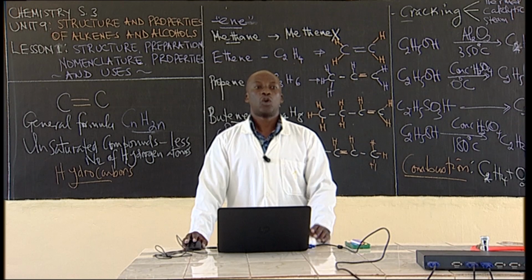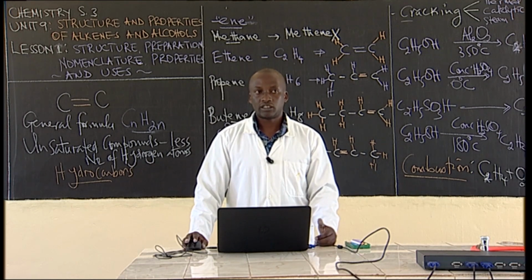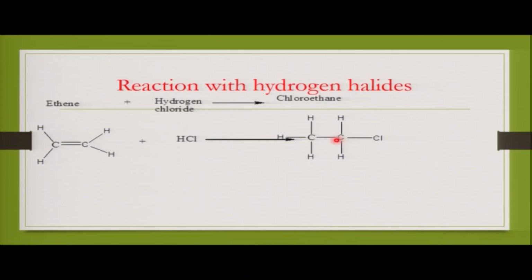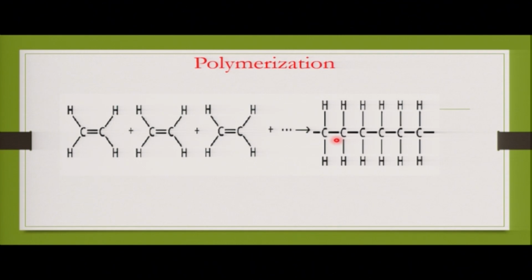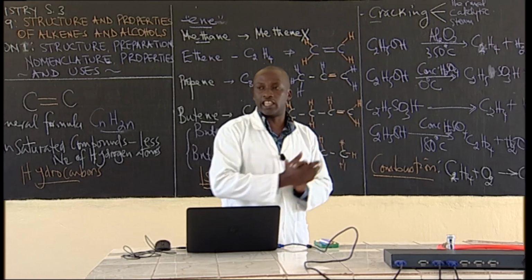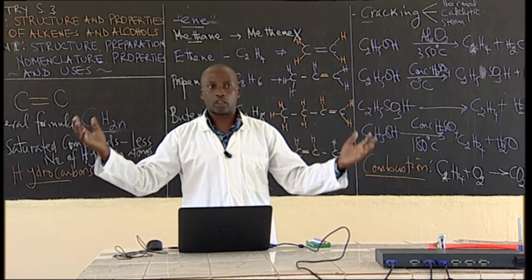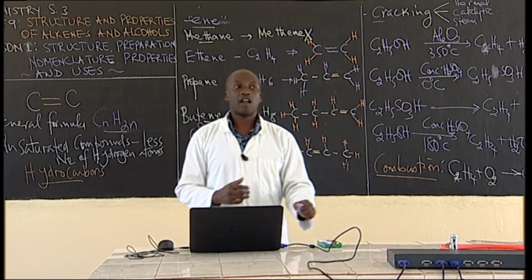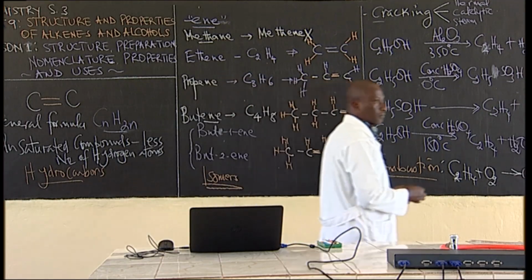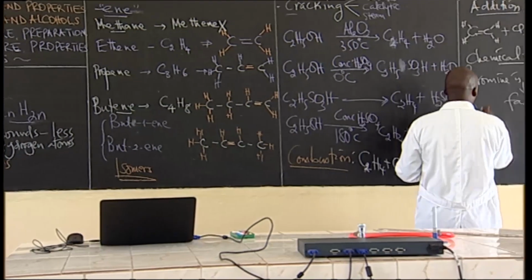So it forms chloroethane. Then polymerization, that is also a very important use of the alkenes, where the alkene molecules join together to form a bigger molecule, which is polyethene. So you have ethene molecules, very many ethene molecules.